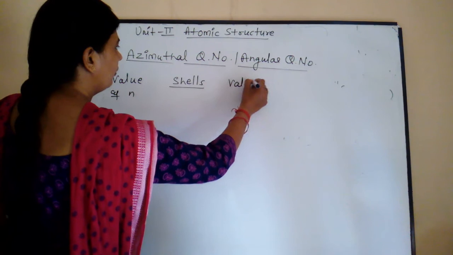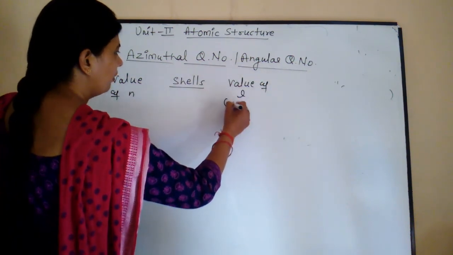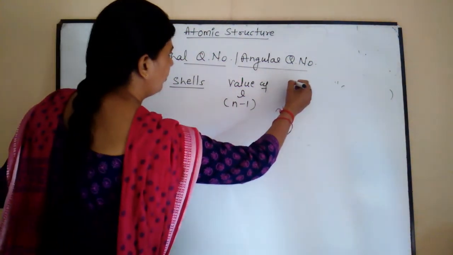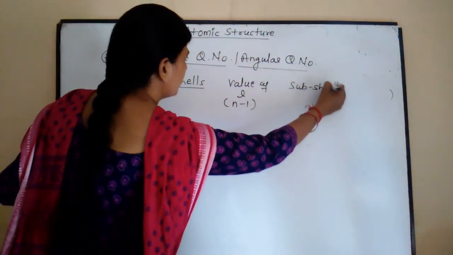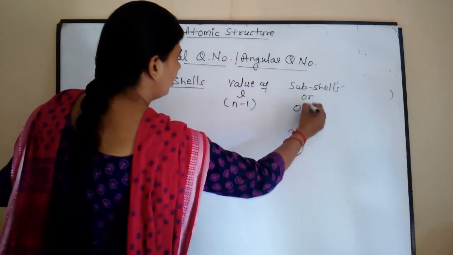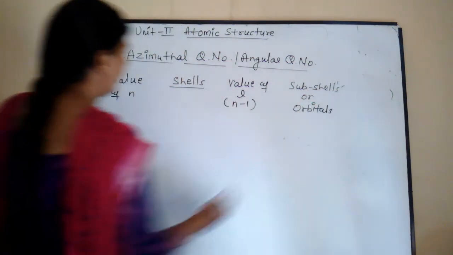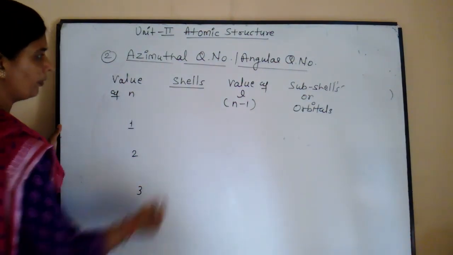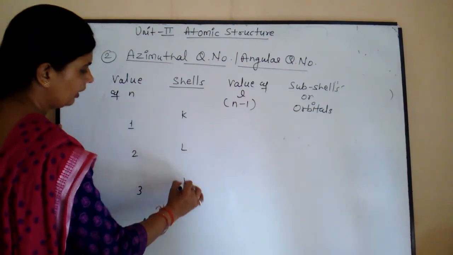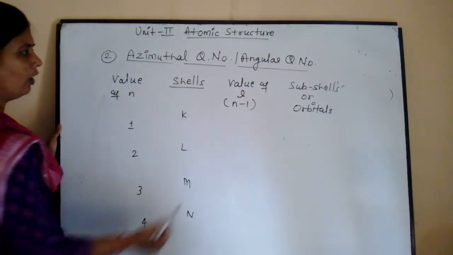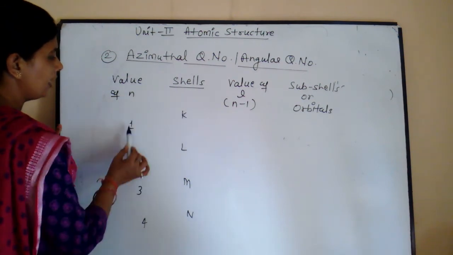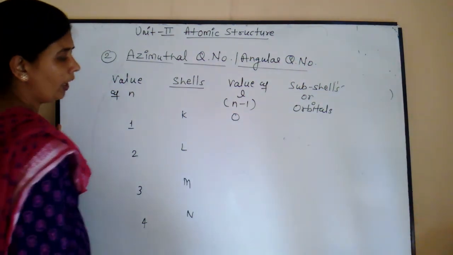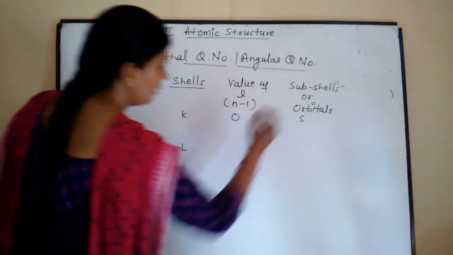Secondly, the value of l is found using n minus 1, and it gives the information about the subshells, also called orbitals. n is any whole number 1, 2, 3, 4, and the shells are K, L, M, N. If n is 1, then l is 1 minus 1, which is 0, and the first orbital is the s orbital.